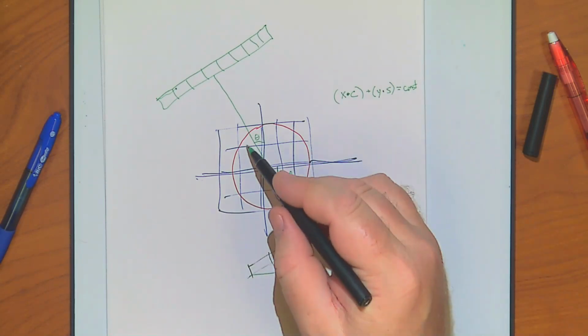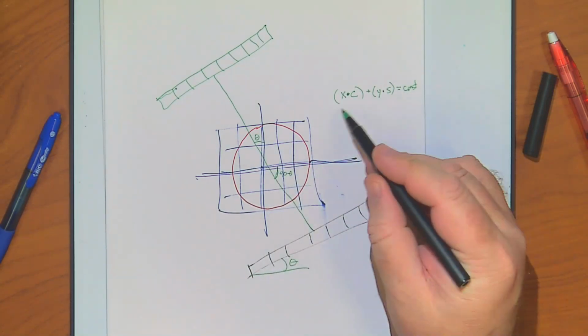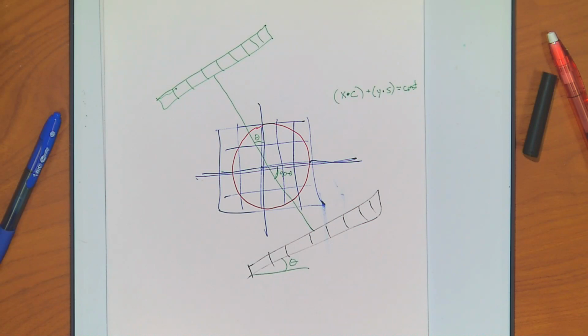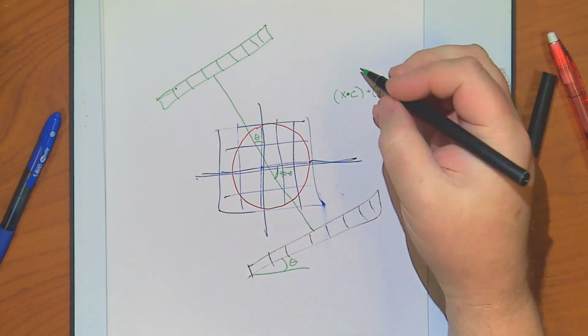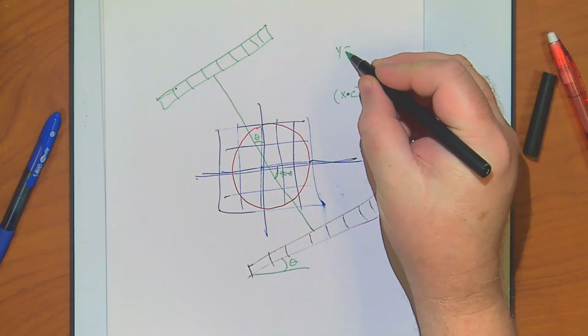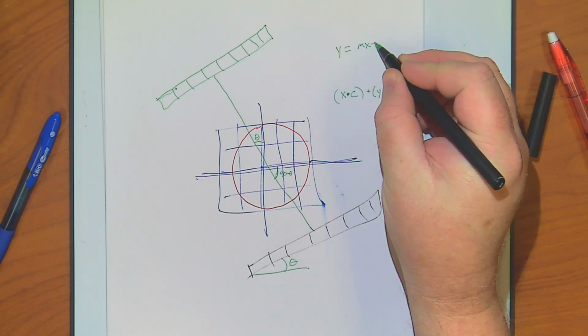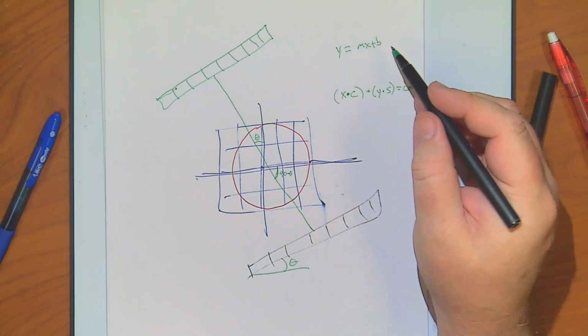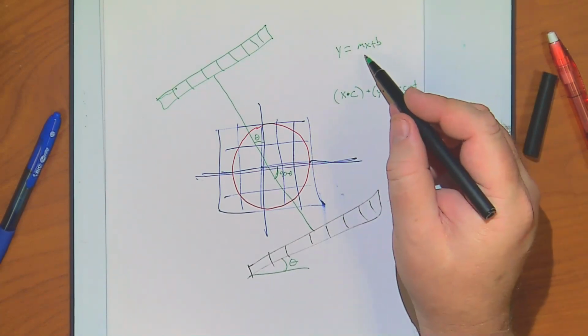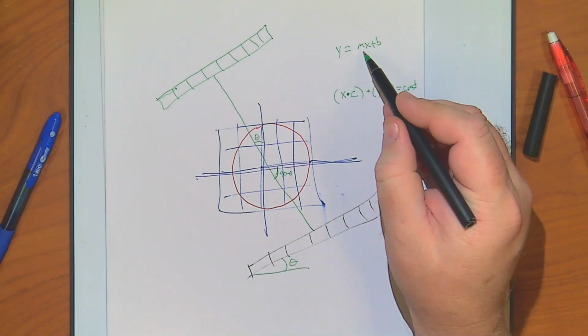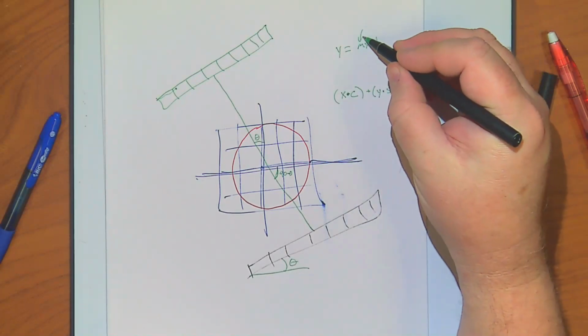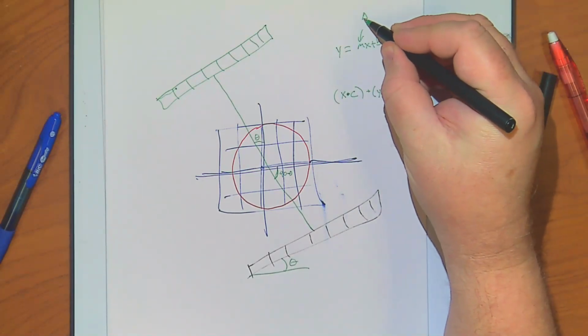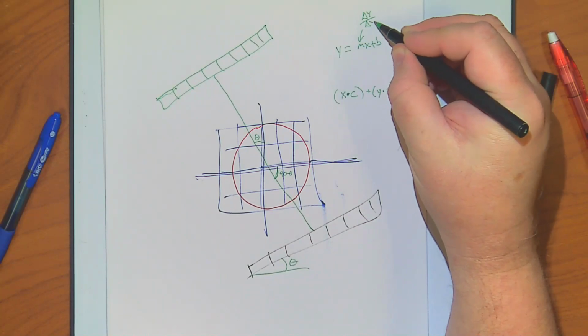So that gave me this equation. This is the equation for a line. And we remember again, this just comes from y equals mx plus b, where m is the change in y over the change in x.